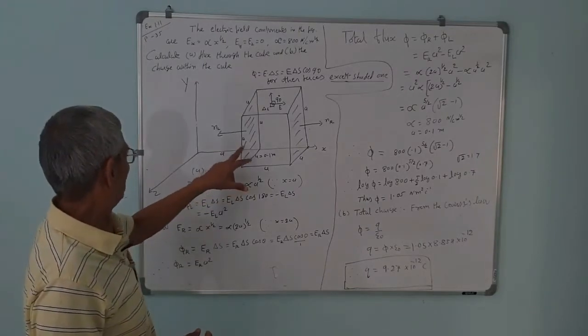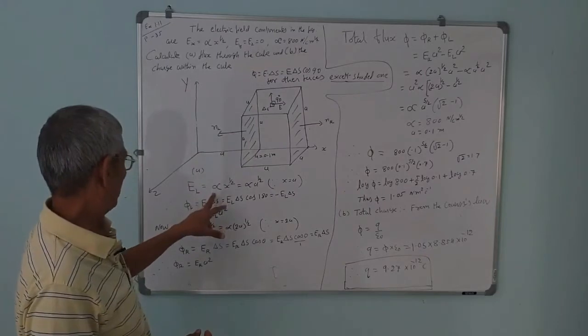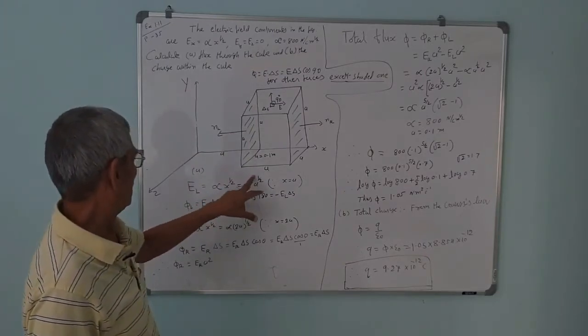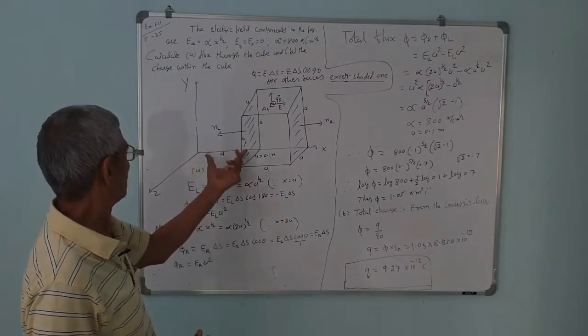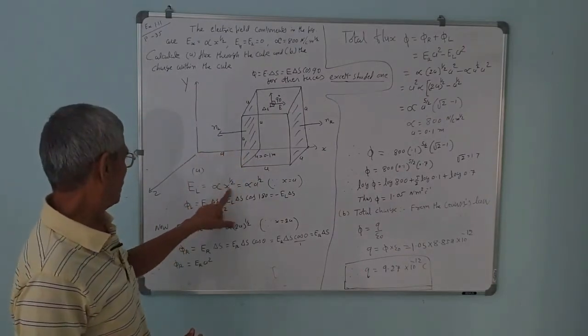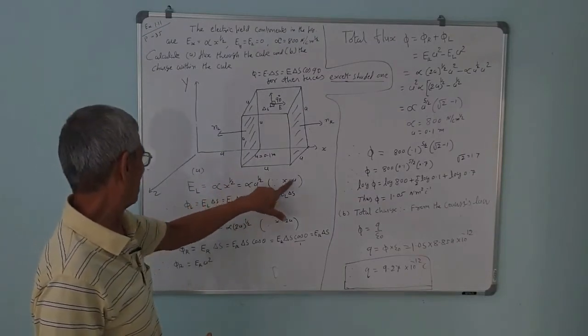E left, the electric field due to this left side face, is alpha x raised to half, which is alpha a raised to half, because for the left face x is equal to a. So put the value of x as a.